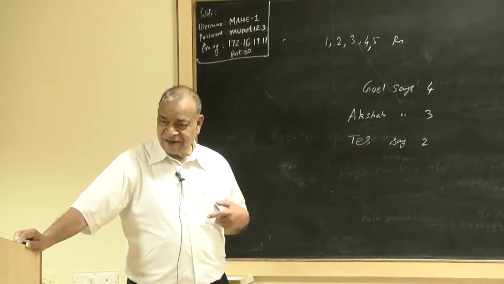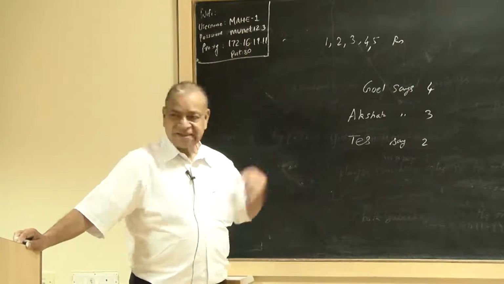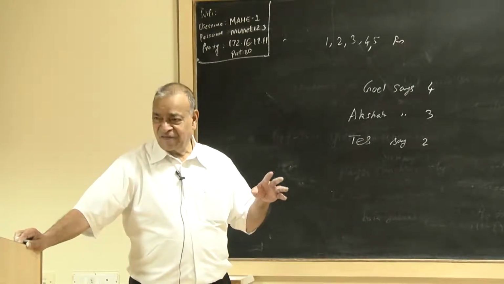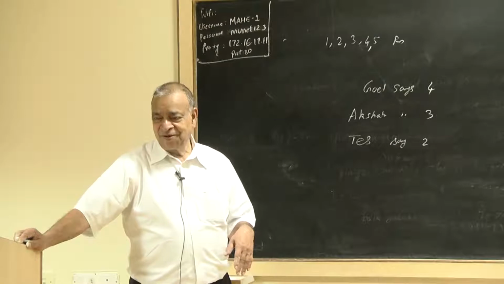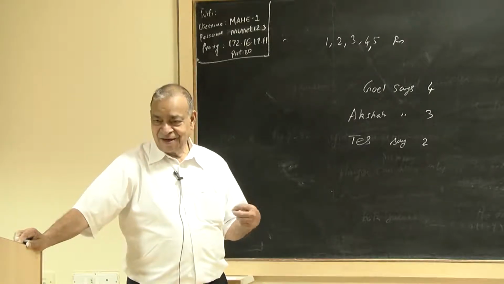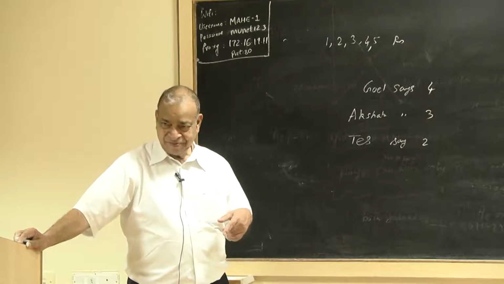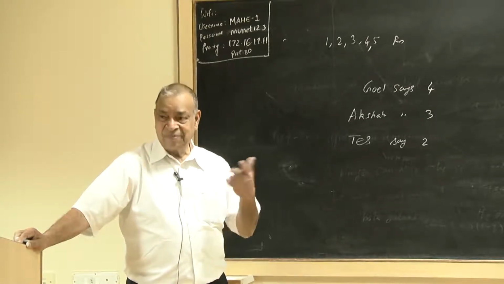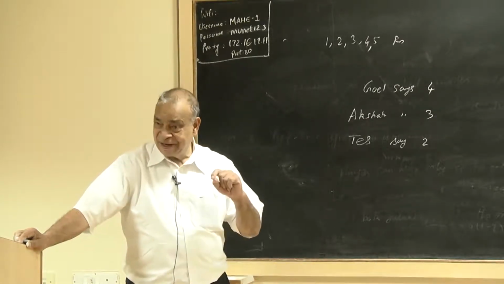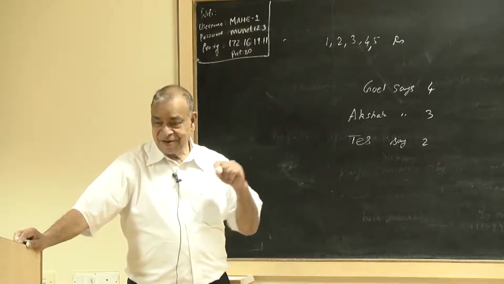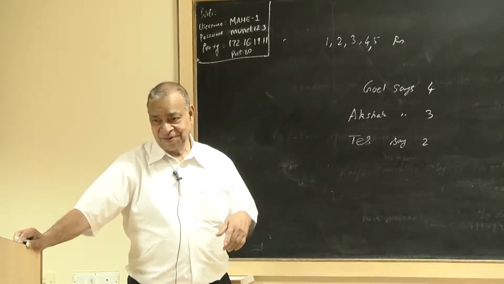If it is 2, I will win. If it is 3, Akshata will win. If it is 4 or 5, neither one is going to win. So that means I have 2 chances. She has only 1. Agreed? So I am better. So 2 is better than 3. 3 is better than 4.